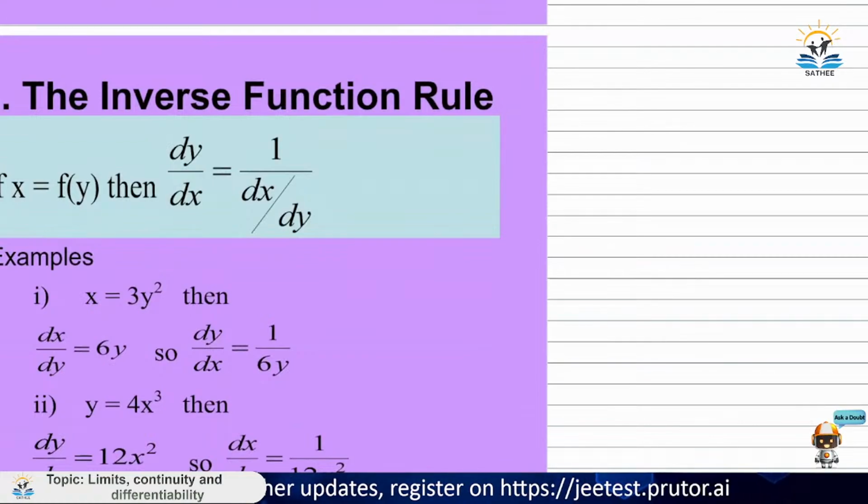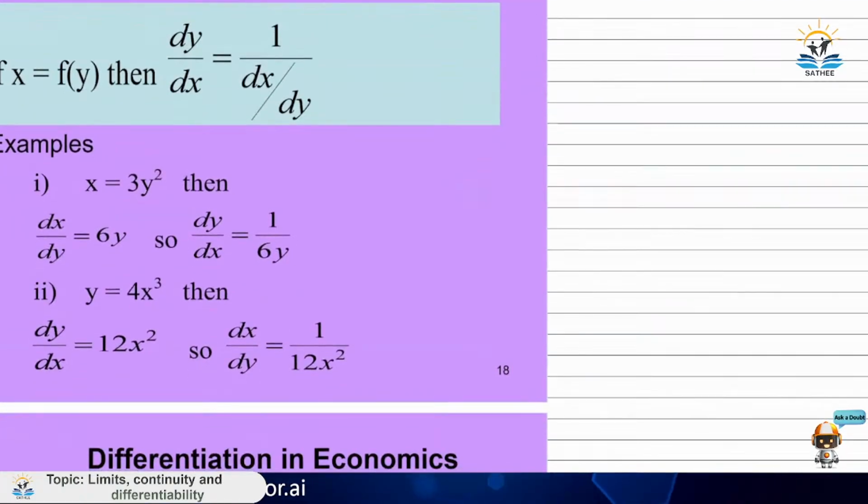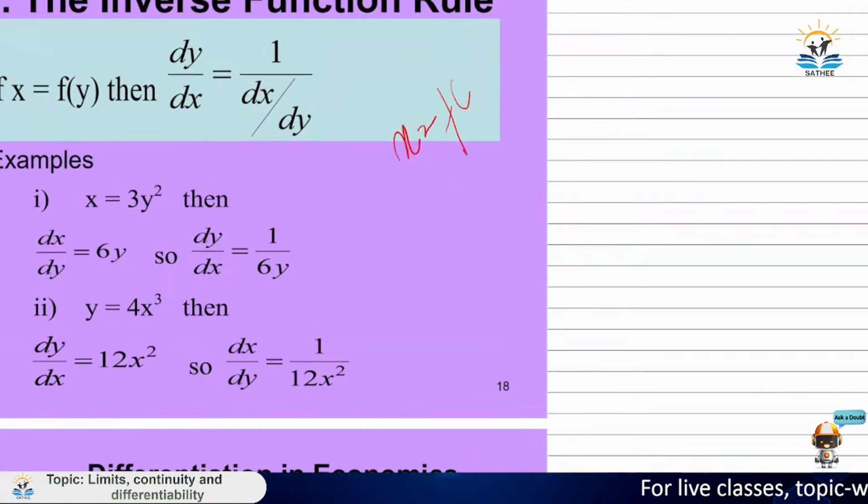The inverse function rule is also very important. It's a bit of a rare case where x is given as a function of y and we have to derive it.